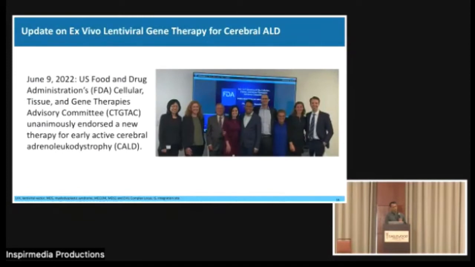But a quick update on the ex vivo lentiviral gene therapy for cerebral ALD is that 2 weeks ago, we were delighted to hear that the FDA advisory committee unanimously endorsed this new therapy for early active cerebral ALD, meaning that they recognize that while there are some risks, the benefits currently still outweigh those risks, okay? That there is still more good that these boys can experience by getting the corrected cells than the potential risks.